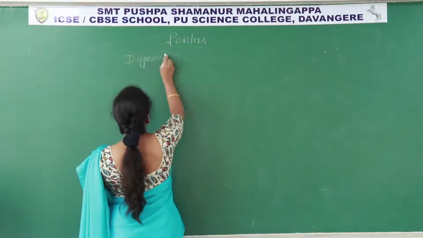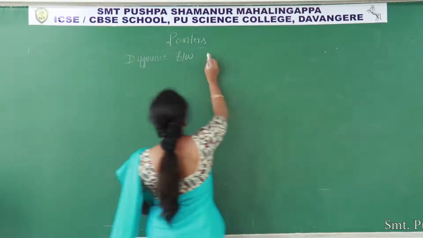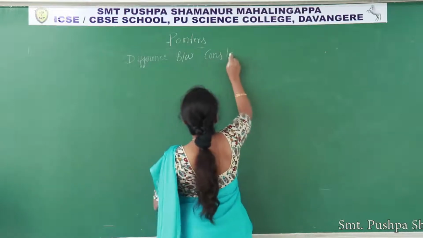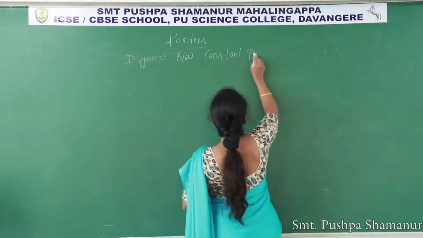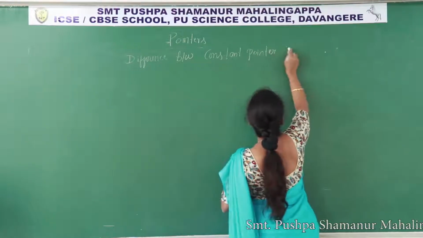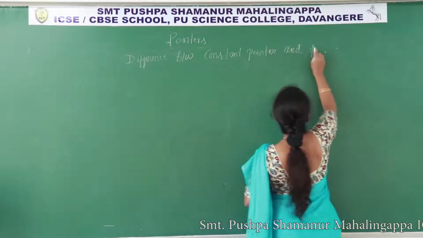Now, the difference between constant pointer and pointer to array.